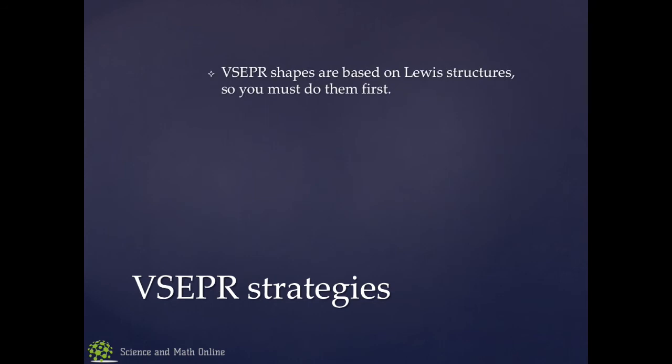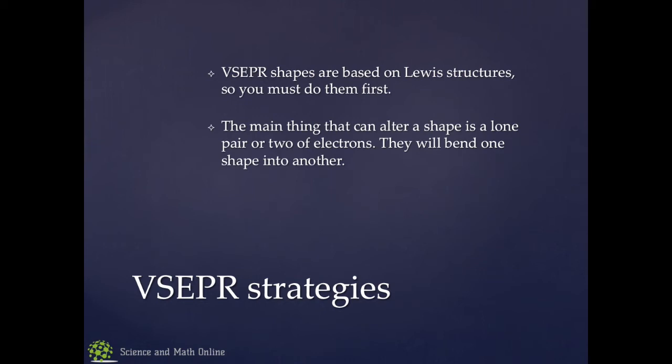So they're based on the Lewis structure, so you have to do the Lewis structure first. And the presence of lone pairs is key. They will bend one shape into another. If it's trigonal planar and you add lone pairs, you get pyramidal. If it's linear and you add a lone pair, you get bent. And to me, that is the simplest and easiest way to think about VSEPR shapes.